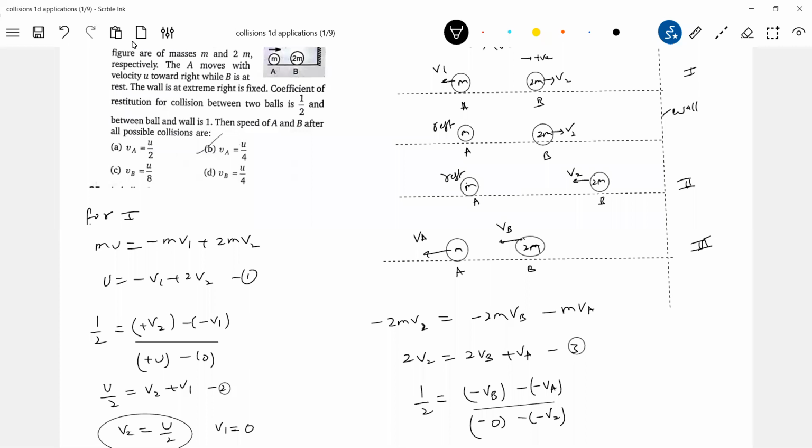So solving equation 3 and 4. So this will be v2 by 2 should be equal to VA minus VB.